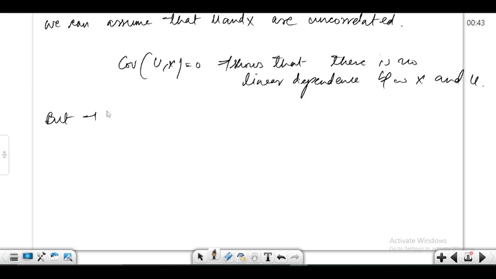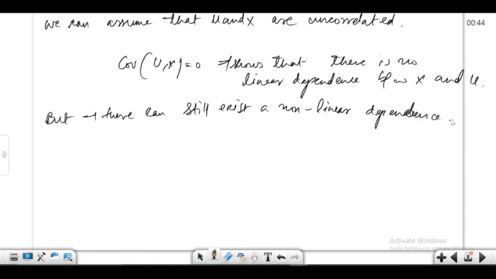So there can still exist a non-linear dependence. We don't want this. We want our estimate to be totally unbiased, and we don't want this to happen.